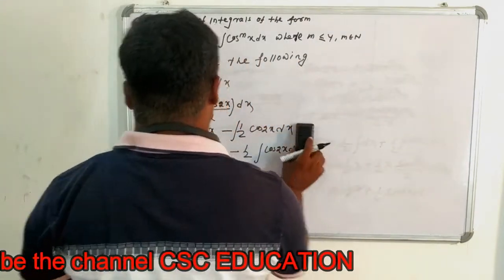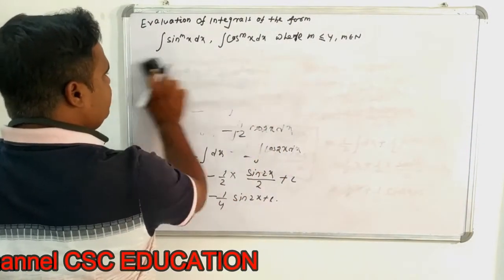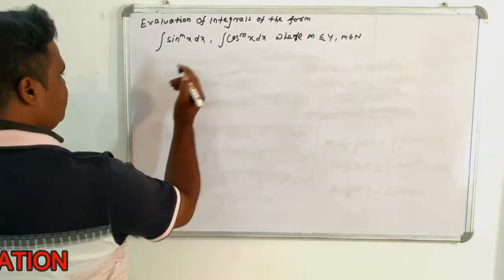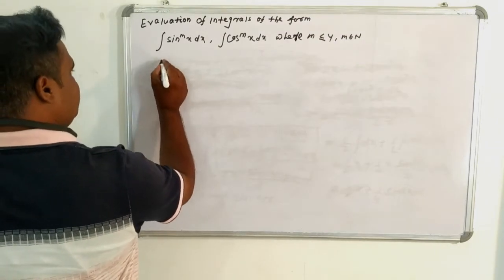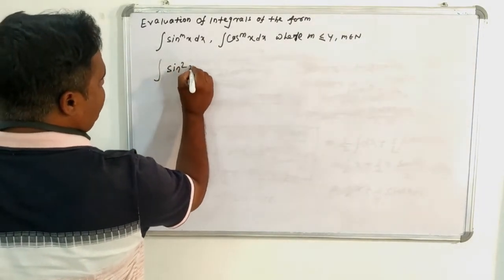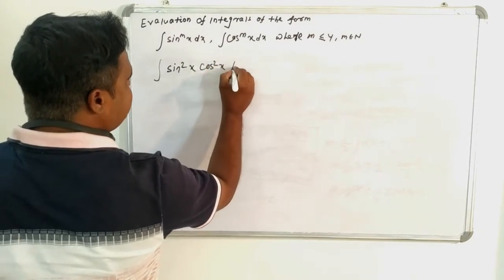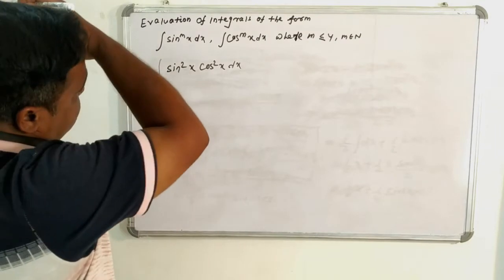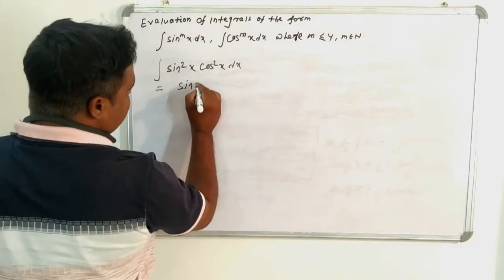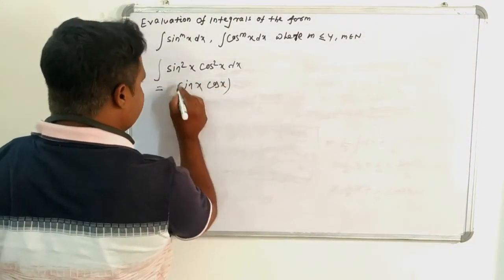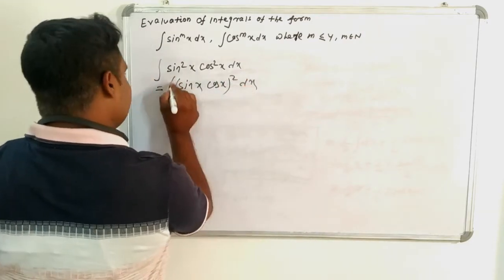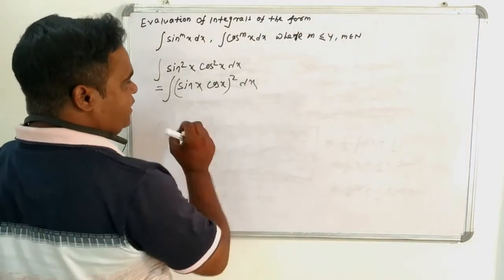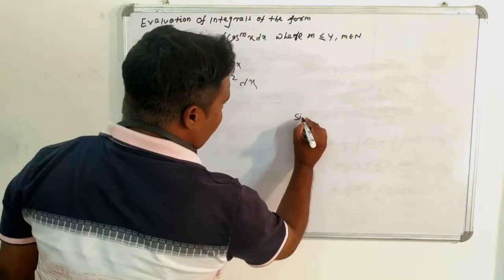In the third question, integration of sin square of x cos square of x dx. Okay. So this value equals, first we convert this factor to sin x multiplied by cos x in the square form of dx. We know that sin multiplied by cos is a sin 2x form also.